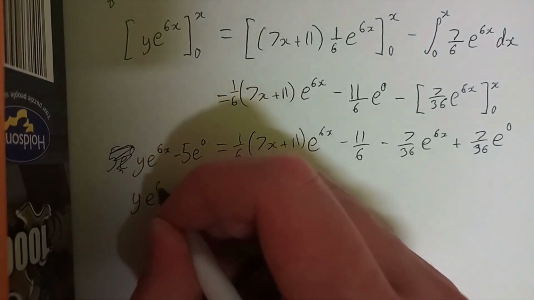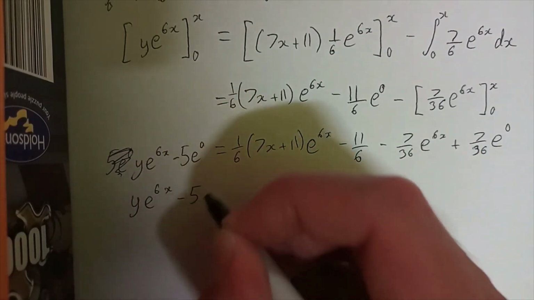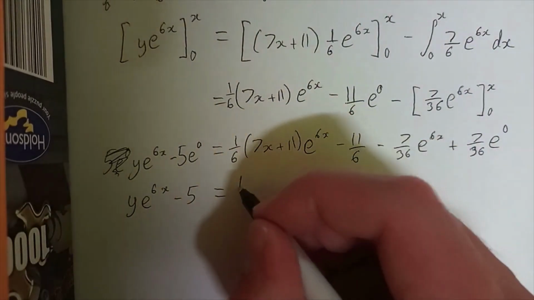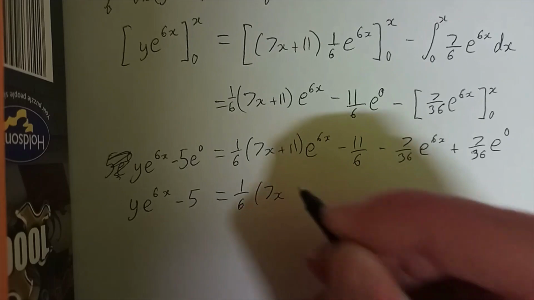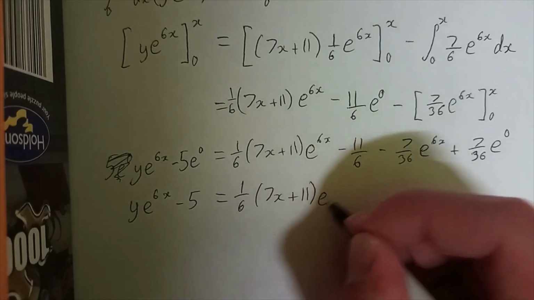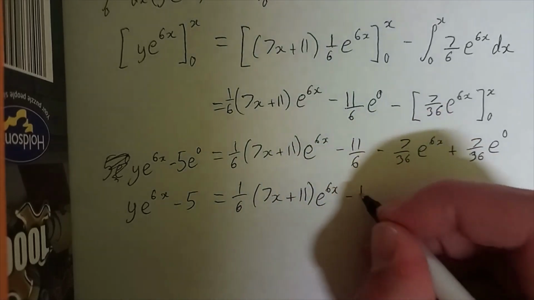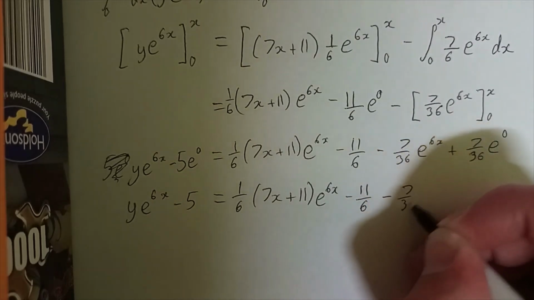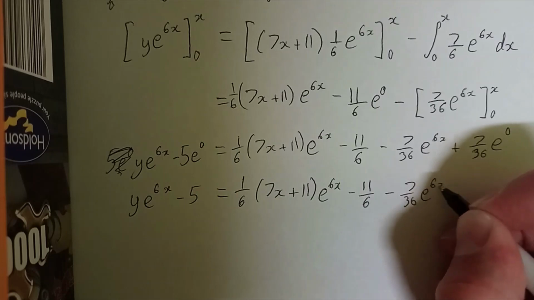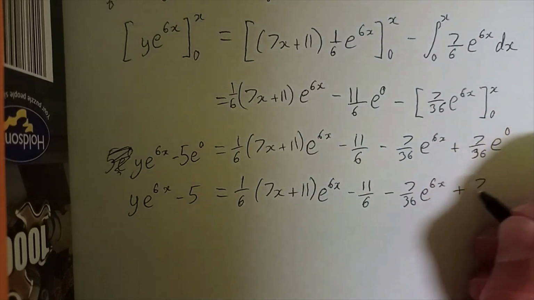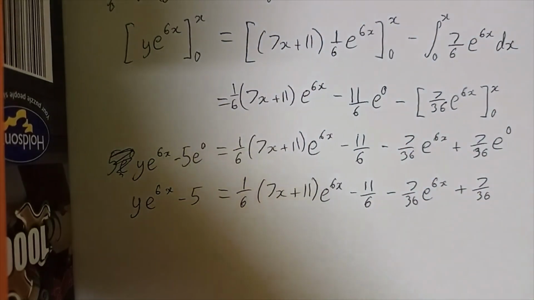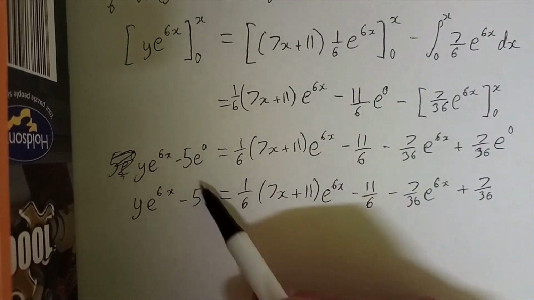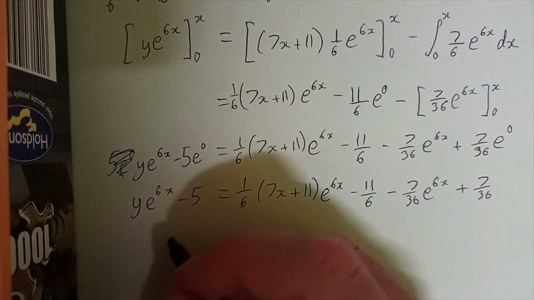So we'll get y e to the 6x take 5 equals 1 over 6, 7x plus 11 e to the 6x minus 11 over 6 minus 7 over 36 e to the 6x plus 7 over 36. Now we can add 5 to both sides, so we won't have this 5 here anymore.